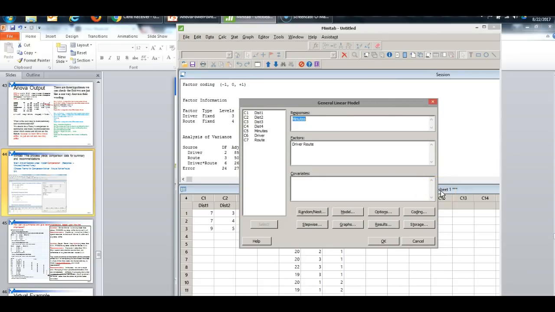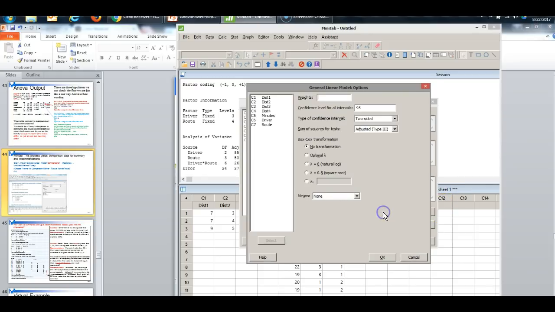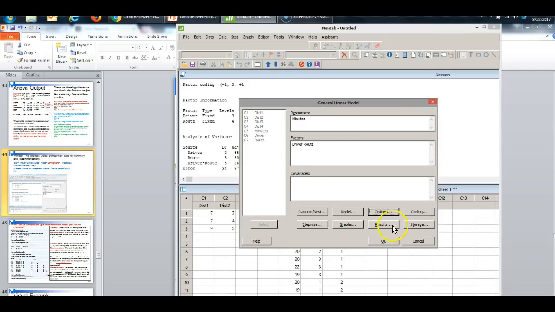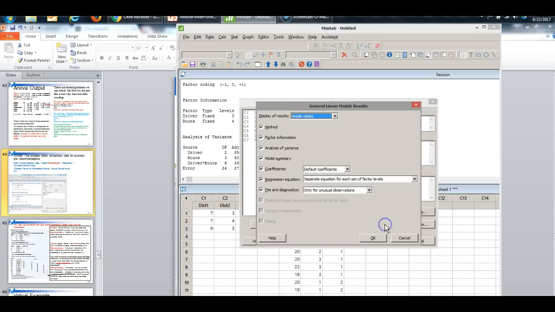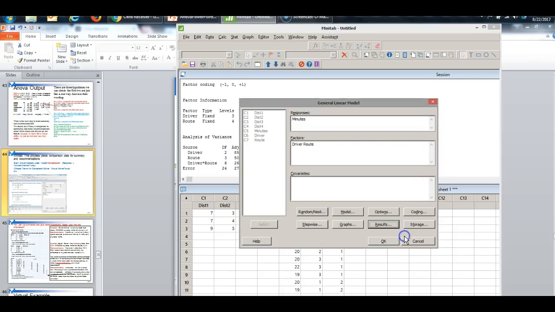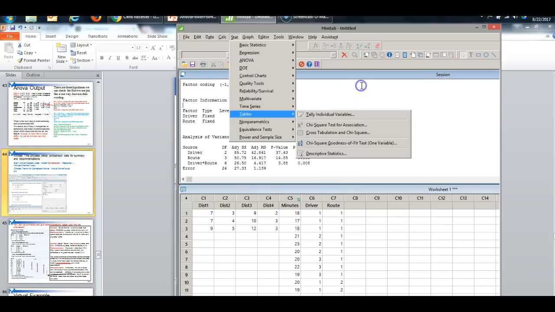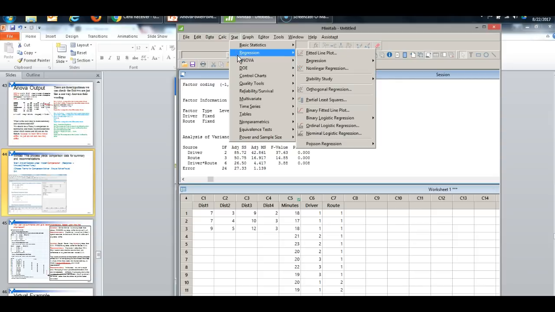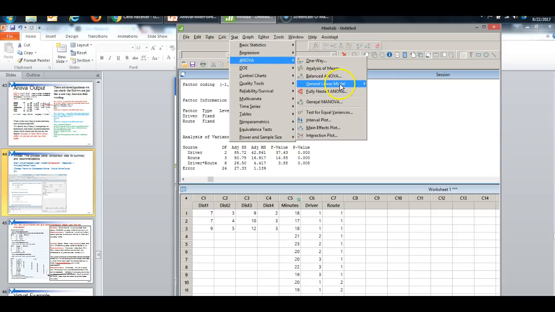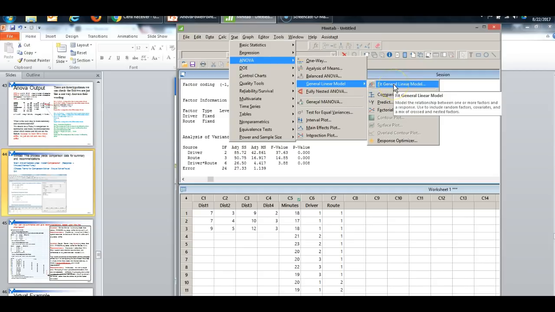And then down here, I think what we can get is, no, let's see a comparison. So we're going to go stat, ANOVA, general linear model. Instead of clicking here like we usually do, we're going to go down to here.